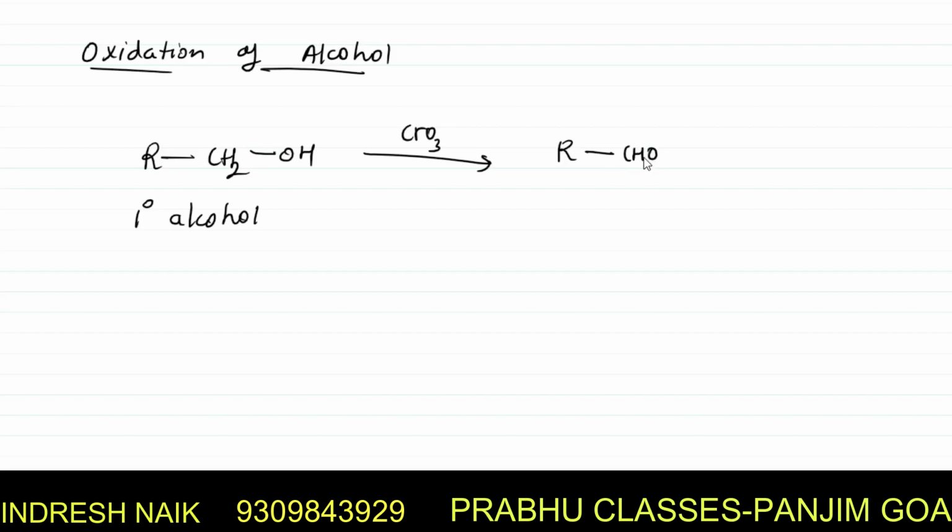If it is the same primary alcohol and you are using a strong oxidizing agent like KMnO4, remember KMnO4 is a strong oxidizing agent, the reaction won't stop at the aldehyde, it will change it to a carboxylic acid, right?